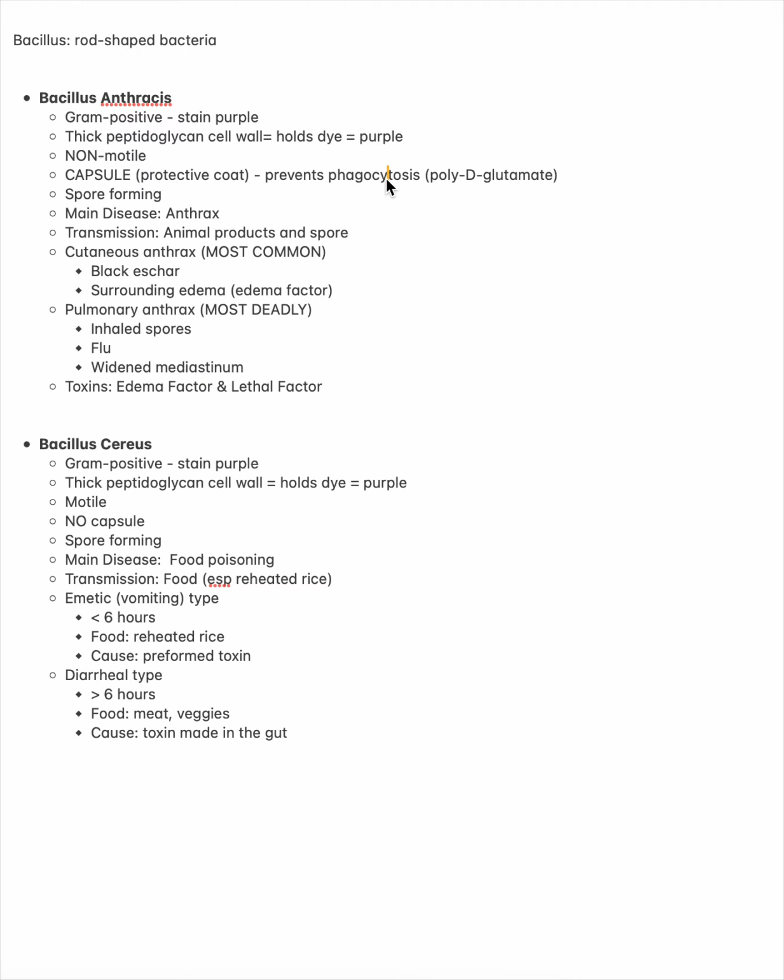And really, I would emphasize knowing the poly-D-glutamate capsule, so this makes it very unique. It helps differentiate Bacillus anthracis, being non-motile and having a capsule, versus Bacillus cereus, having no capsule and being motile due to its flagella.